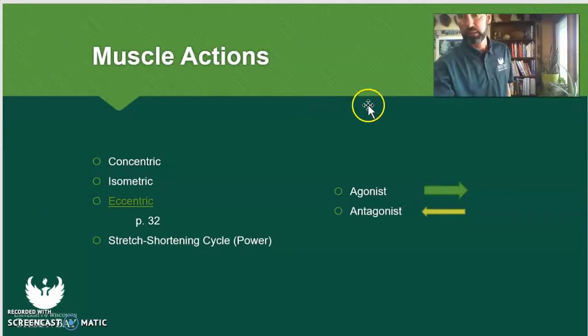Again, I'm going to show off a little bit here, I suppose. So bicep is agonist. Tricep is the antagonist muscle. It's not really working against, but it's more in conjunction. So really, in order for the bicep, in this case, to be developed, we need to make sure our tricep is involved as well.